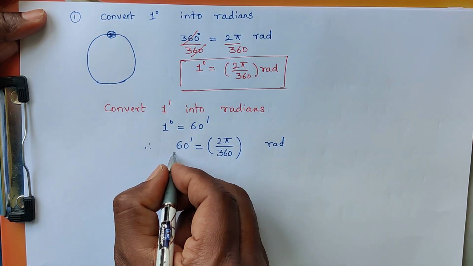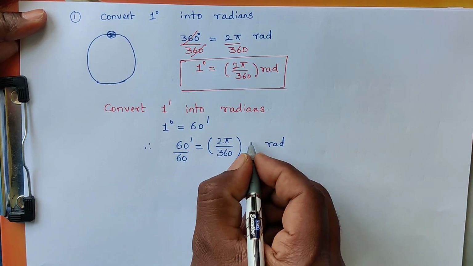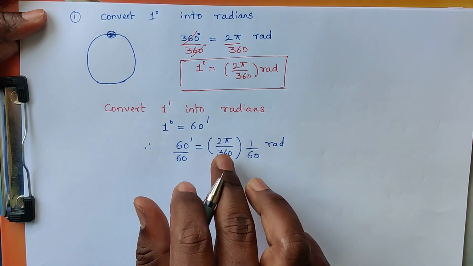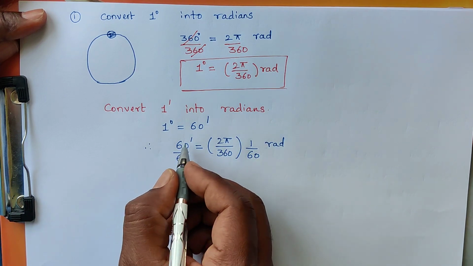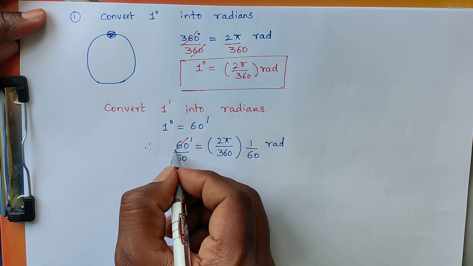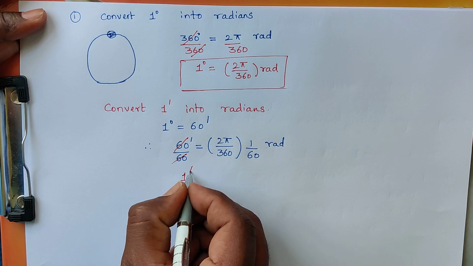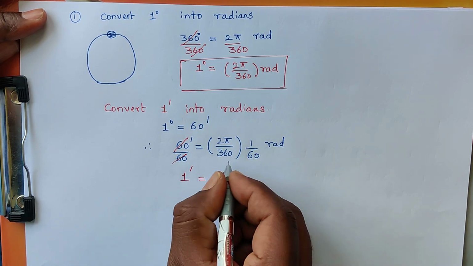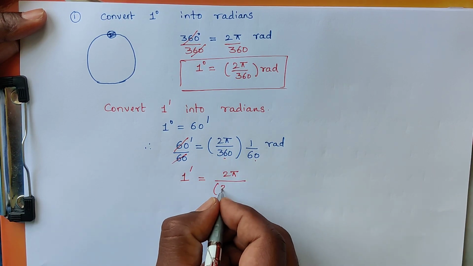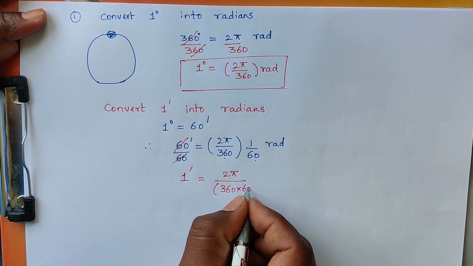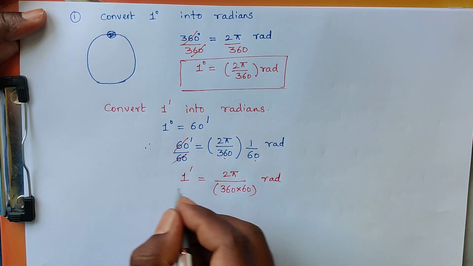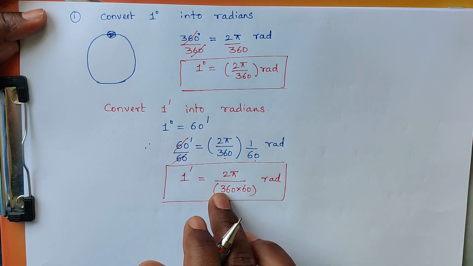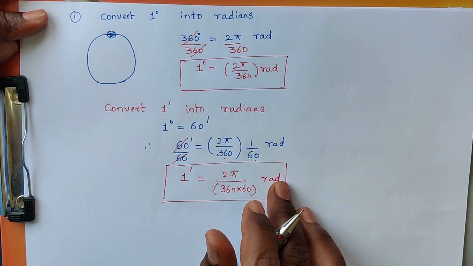Divide by 60 on both sides. 60 and 60 will get cancelled. So 1 minute is equal to 2 pi divided by 360 into 60 radians. So this is the answer for 1 minute.